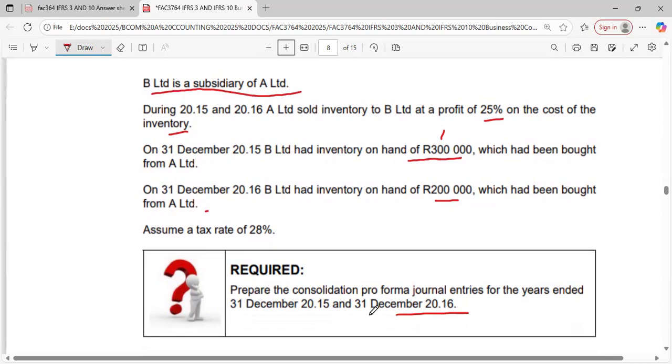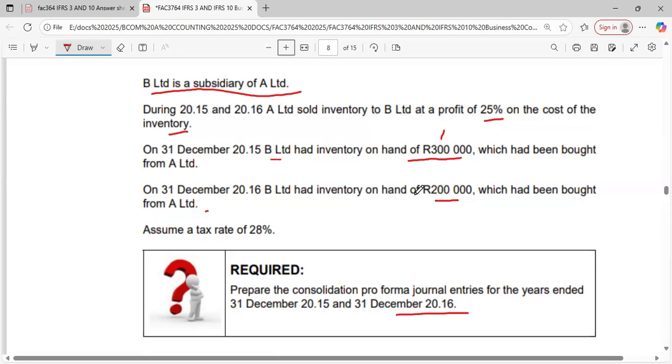Right, we want to do the journal entries for this. So which means on 31 December 2016 and 31 December 2015, these are the inventory values that were available, these two. So we need to do the journal entries.